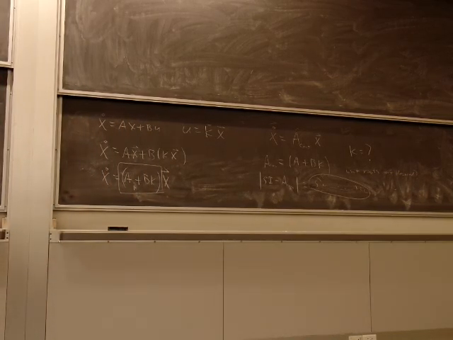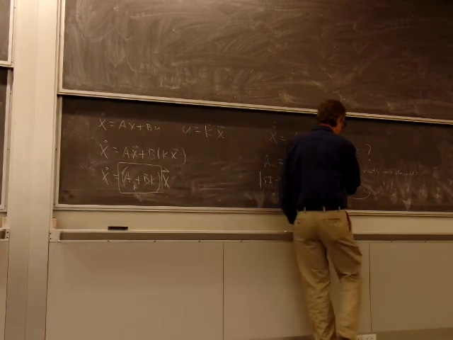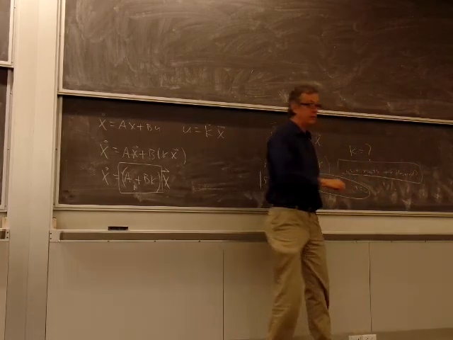I specify what roots I want. I can specify a desired characteristic equation, solve for K, and then I have my values of K. So what you're doing is finding what roots do I want.